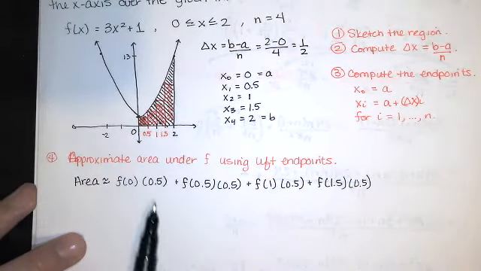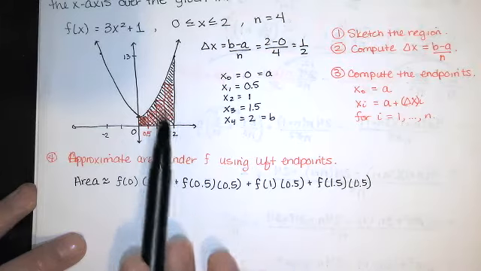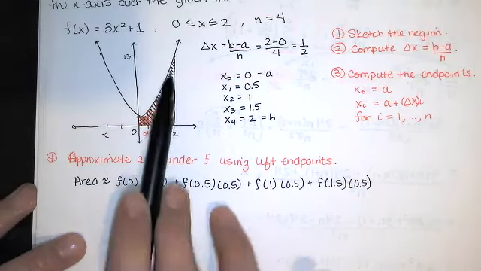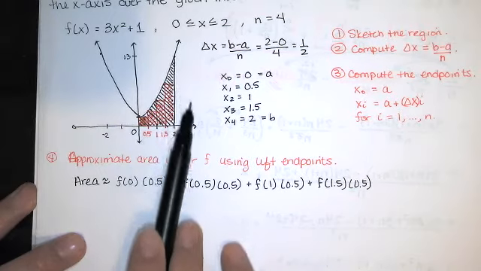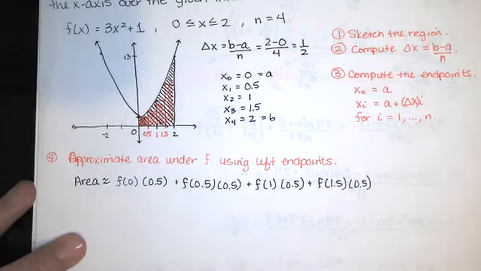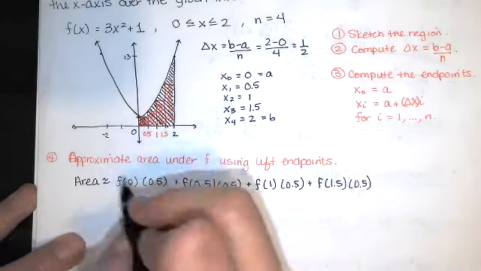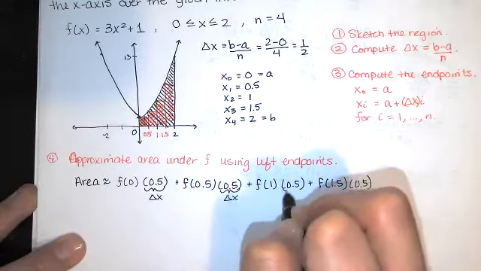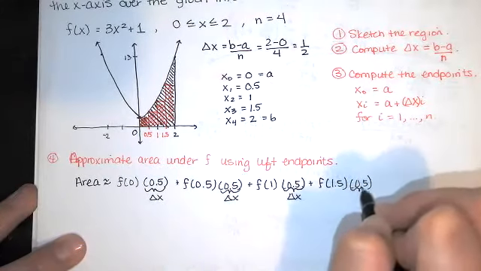And that's it. We have 4 rectangles. We don't have f of 2 multiplied by 0.5 because there's no rectangle over there. It's not giving us area under the curve if I'm using that left endpoint. Okay, and each of these 0.5s that I filled in, those were in general, those were delta x's.